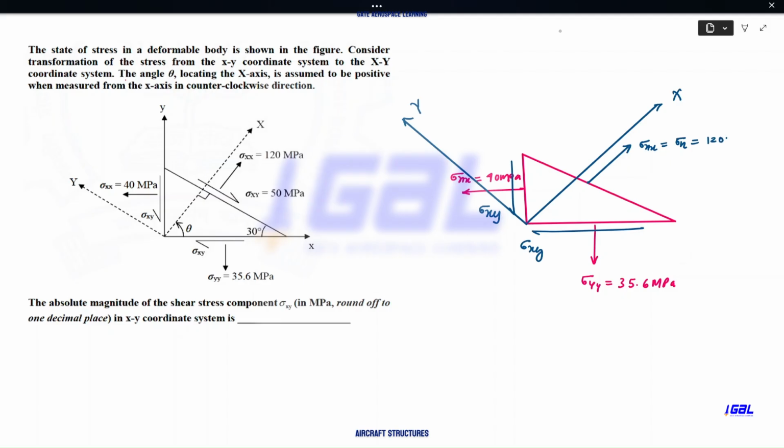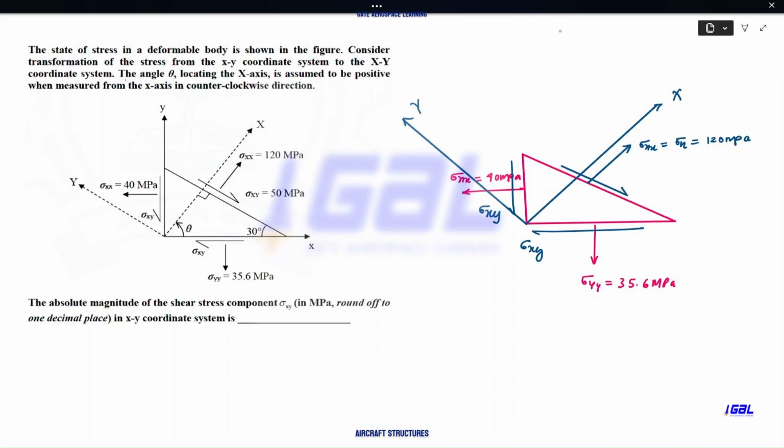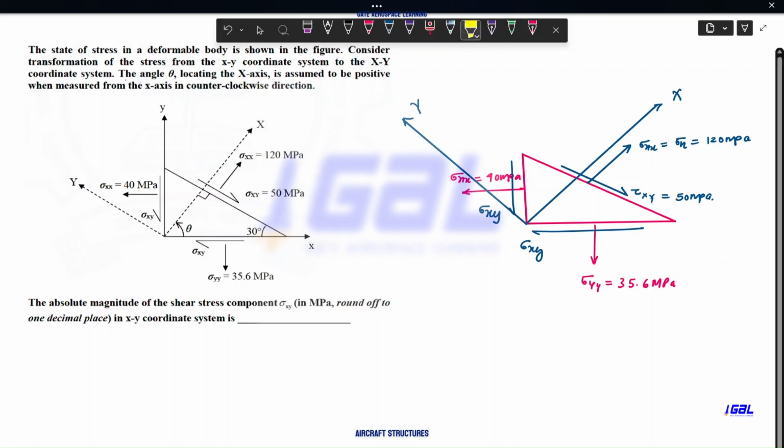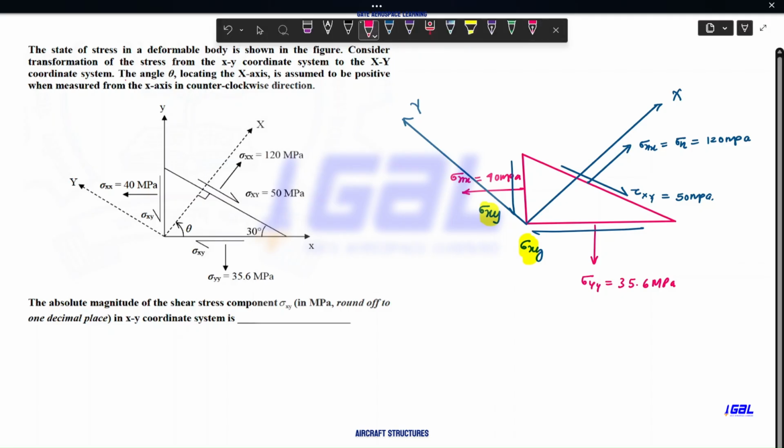This is 120 MPa, and the shear stress on this plane they have also provided. Let's write capital XY, which is 50 MPa. So this is what they have given. Don't complicate things, simply they are asking what this quantity will be, as simple as that. We will be computing this.